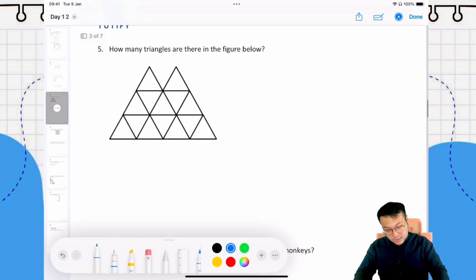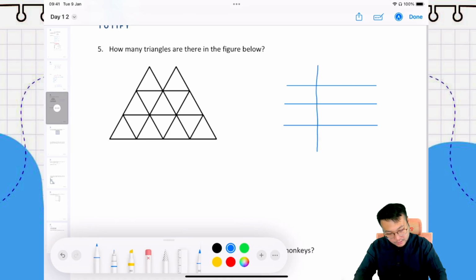Okay, let's talk about the triangles. Okay, I'm going to draw a table.